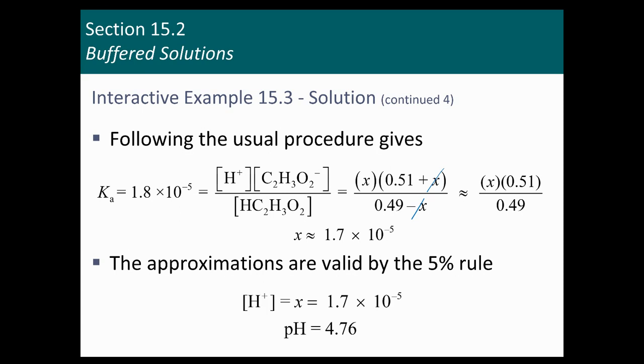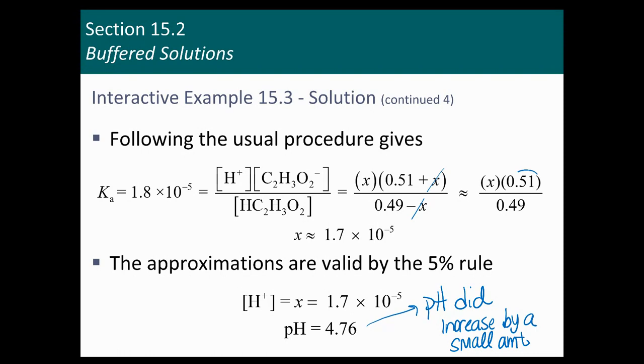And then let's see what pH that gives us. Gives us a pH of 4.76. Now, originally, when they were equal, the pH was 4.74. So if you notice, the pH did go up. The pH did increase by a small amount.